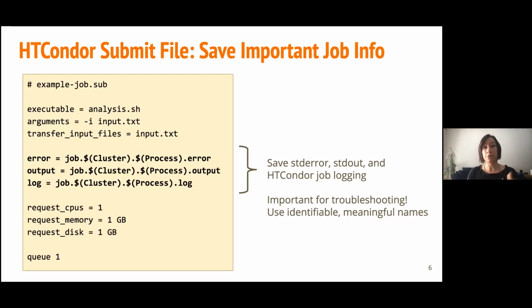So these 3 files combined are really important for troubleshooting any issues with your job execution, or just learning a bit more about where your jobs ran, what amount of resources they used, etc. So these are always files to keep on hand as you're performing job submissions.